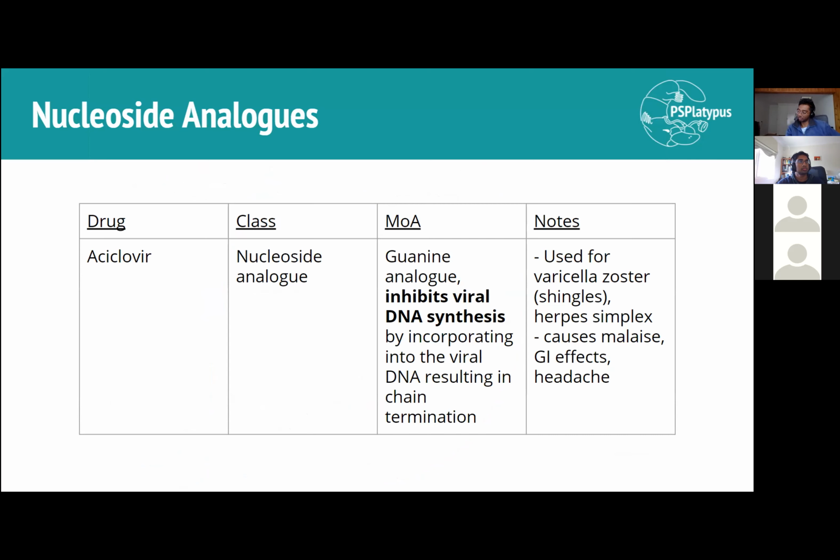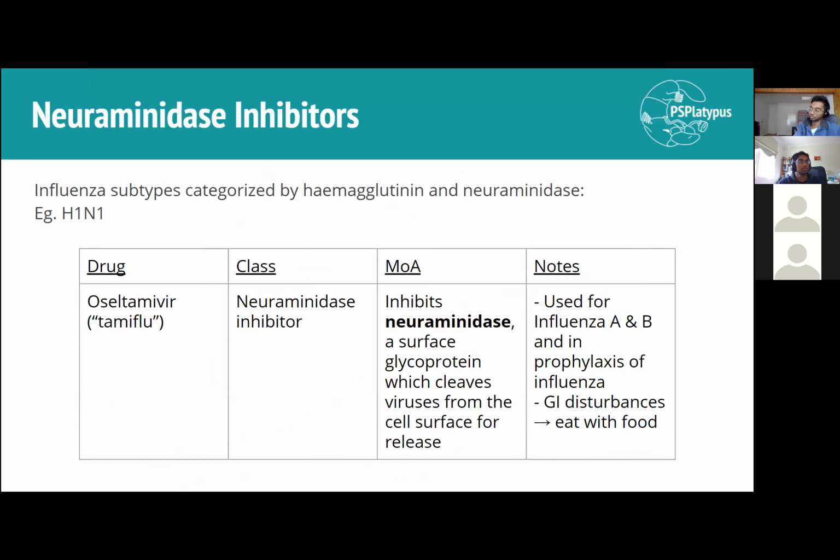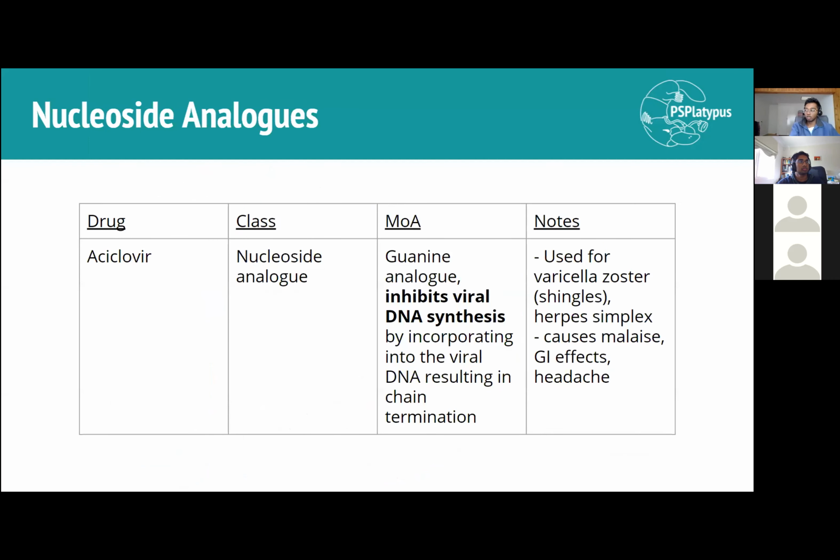So it just messes up the DNA sequence. Used for varicella zoster, herpes simplex, with side effects of malaise, GI upset, and headache. Also, when I say in brackets shingles, that's for the version of varicella when it re-emerges as shingles.